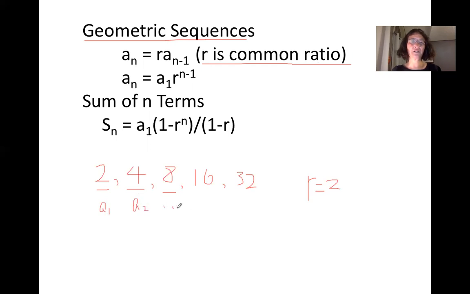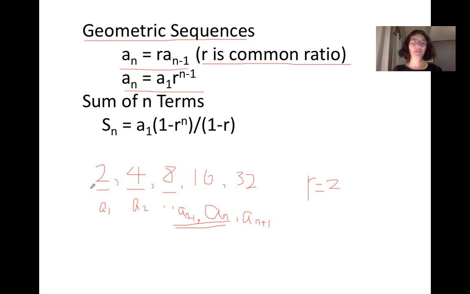Generally, we call the general term An. Before An, you have a number An minus 1. After An, you have a number An plus 1. And what is the relationship between two consecutive numbers? It is here: An equals r times the previous number. And An also equals the first number A1 multiplied by r raised to the power n minus 1.